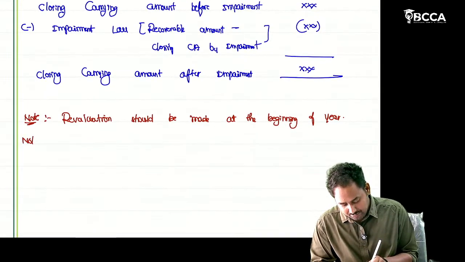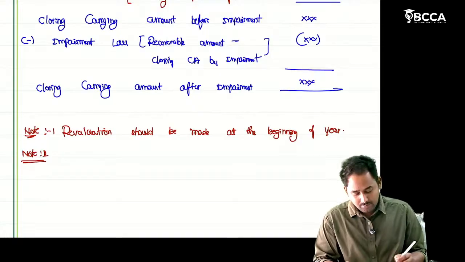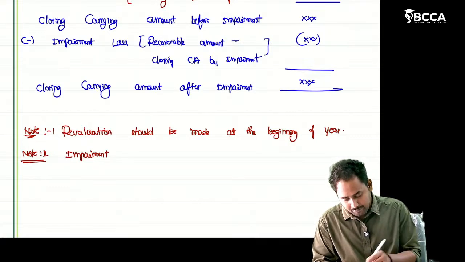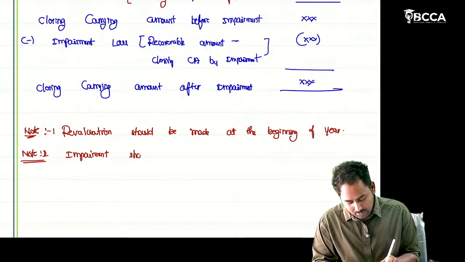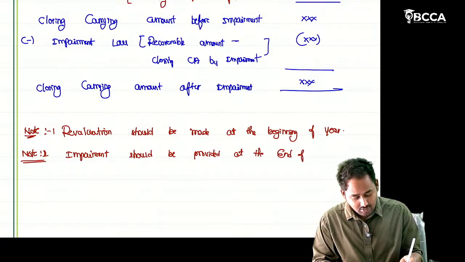Second note: Impairment loss should be provided. The impairment should be provided at the end of the year.